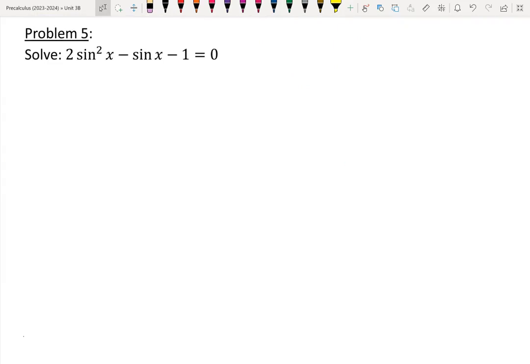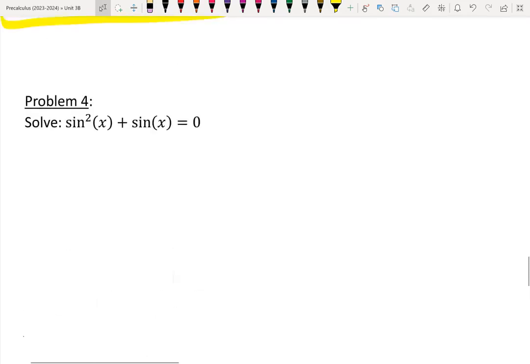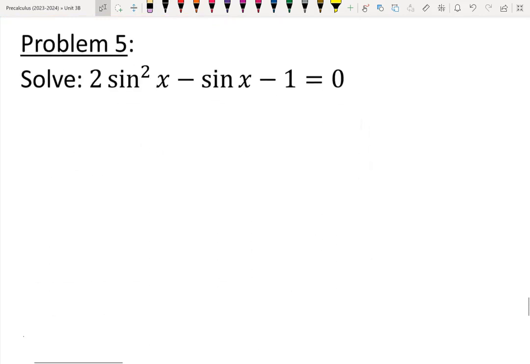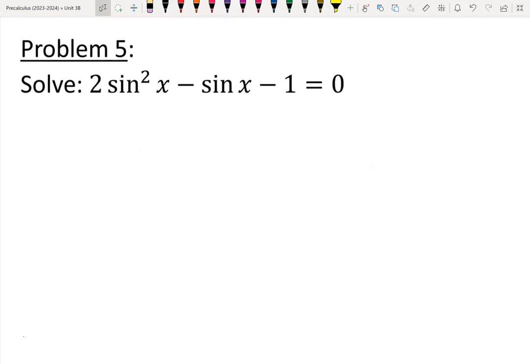Now, on this one, we have a sine squared. We have a sine, but we also have a negative 1. And that's different than problem 4, where it's just sine squared and sine, and I could factor out a sine. Here, instead, it has all of them.